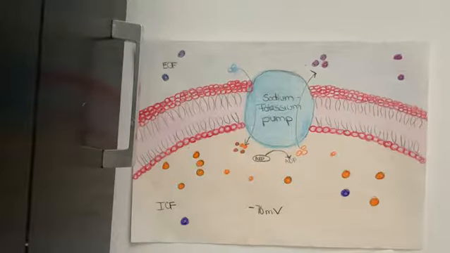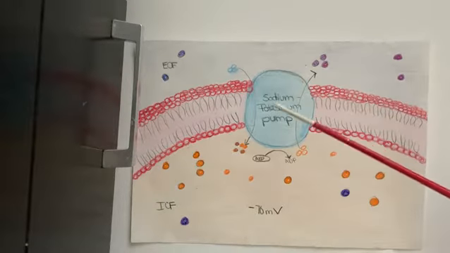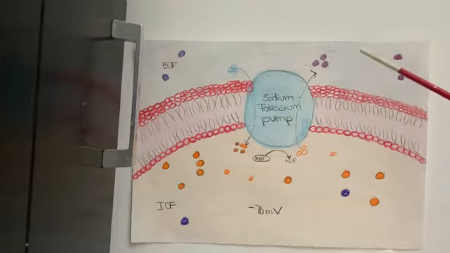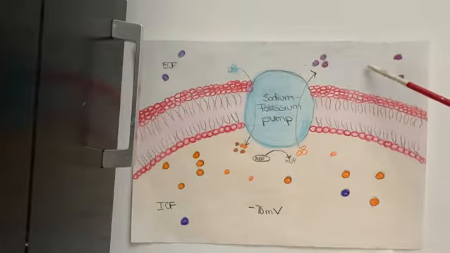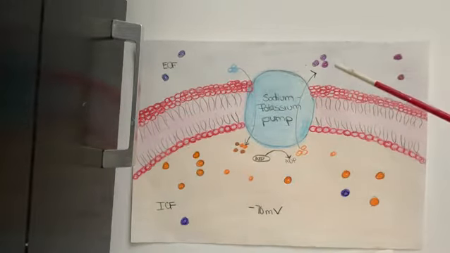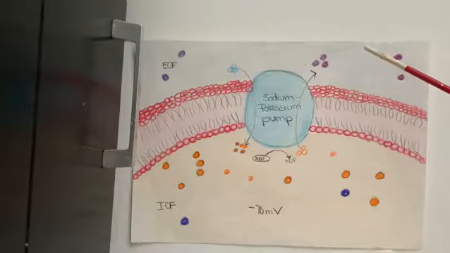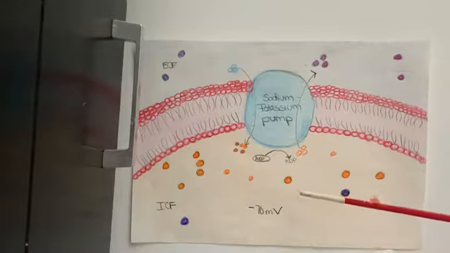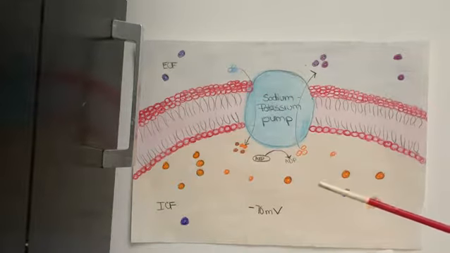What happens is a neuron uses the sodium-potassium pumps to continually make sure that sodium ions exist in a higher concentration out here in the ECF, and that the potassium ions exist in a higher concentration in the ICF.